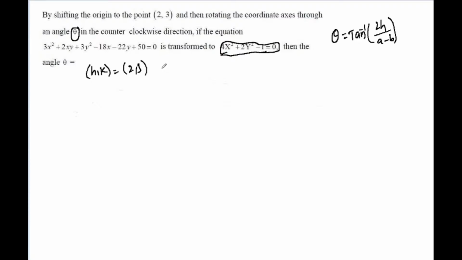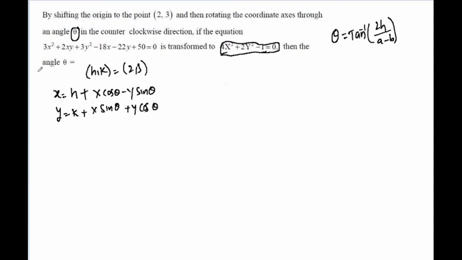Therefore, small x is equal to h plus X cos theta minus Y sin theta, and small y is equal to k plus X sin theta plus Y cos theta.